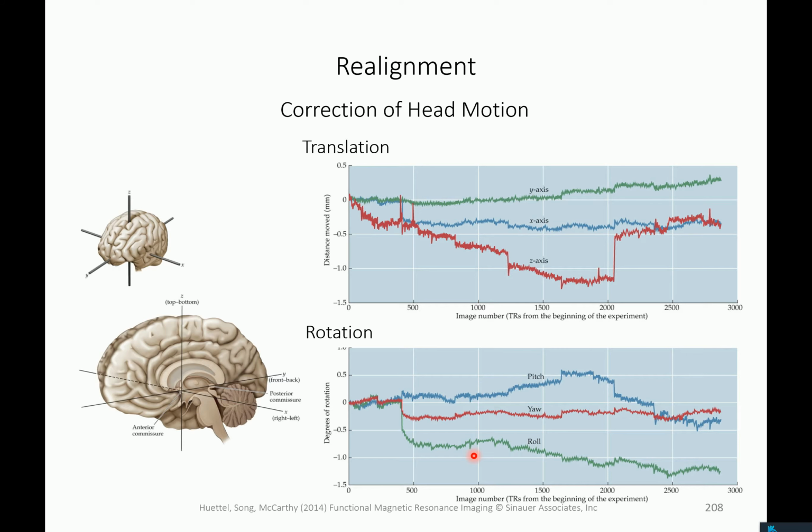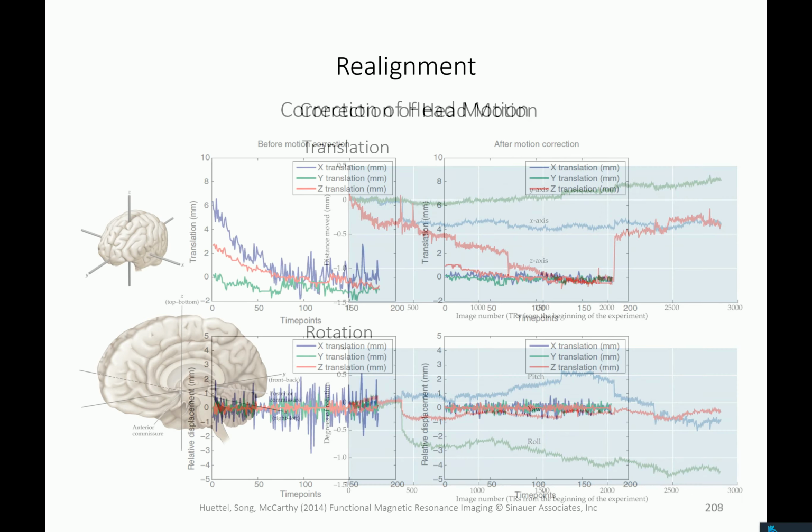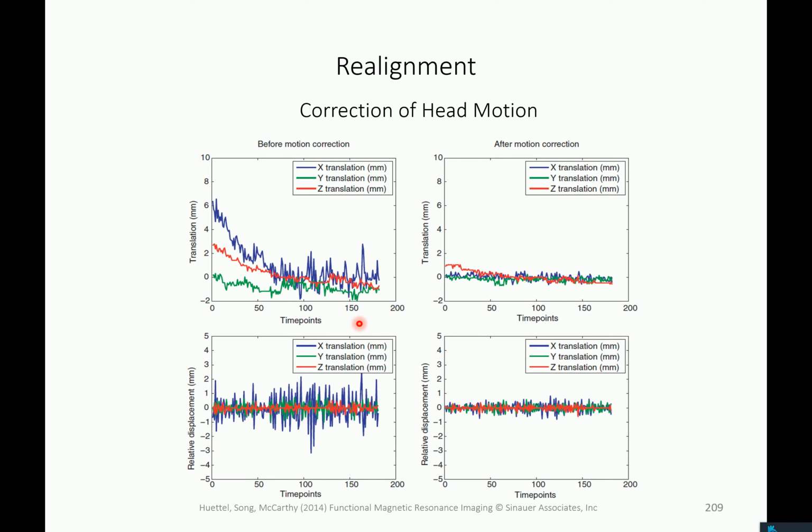These parameters then are applied during the reslicing, and this shows what the result is, for example, for translation. Before motion correction, so before essentially reslicing the images, these were the parameters.